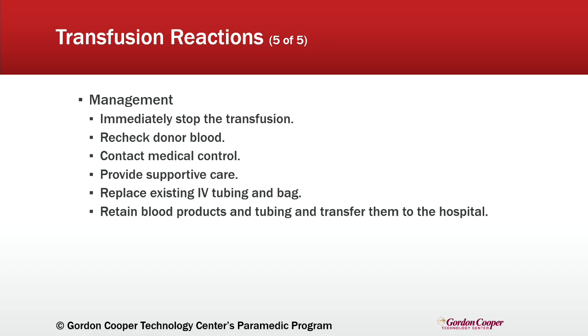Of course, we may need to reach out to medical control for a little extra guidance on how to proceed. Say you're transporting a patient and you've got 1 unit of blood they've had a reaction to. You've got a second unit of blood. You might need to reach out to medical control and see if they want you to switch to the other unit of blood or not. We don't know. That'll be their decision.